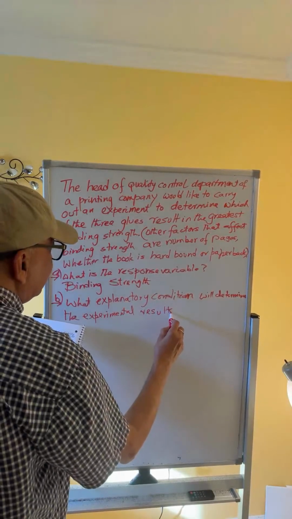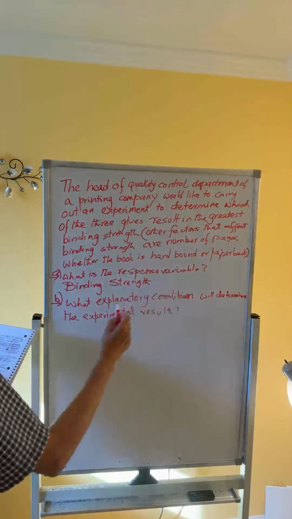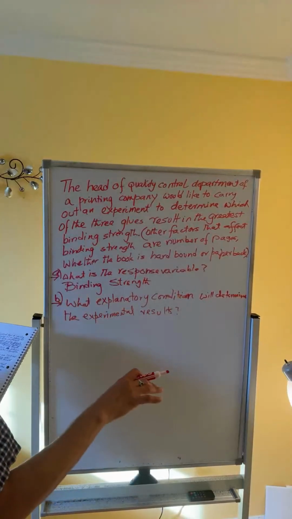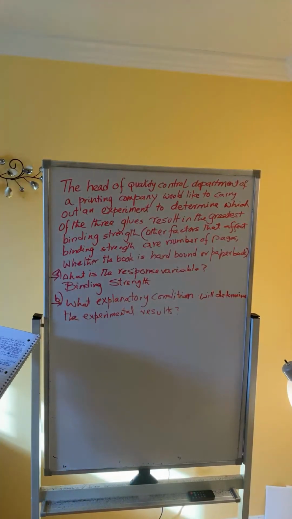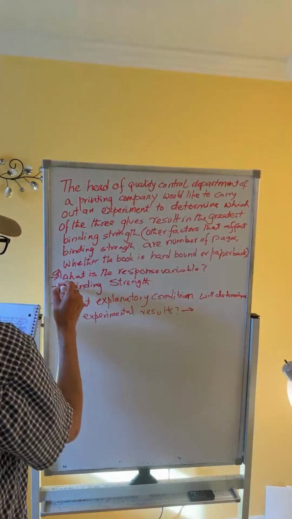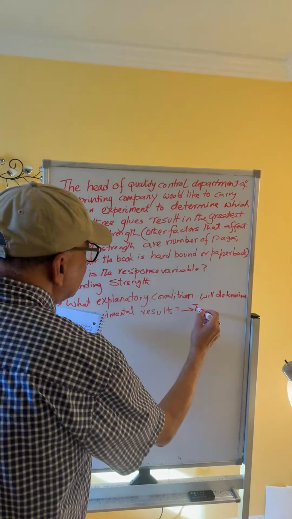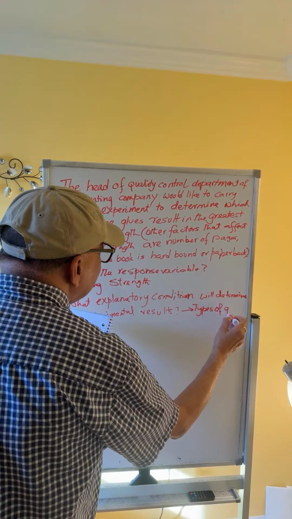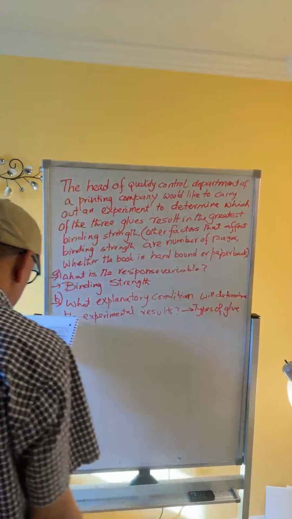So they're asking for, we already know the response variable is the binding strength, and they're looking for the explanatory variable that will explain the results, and that would be, it's already given to us, types of glue. And remember they're checking out 3 types of glue, I believe.